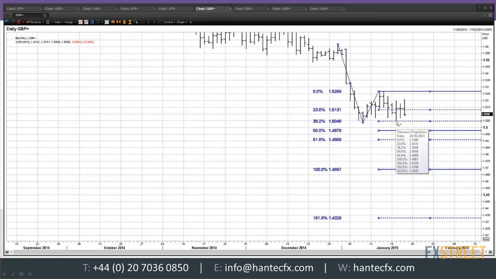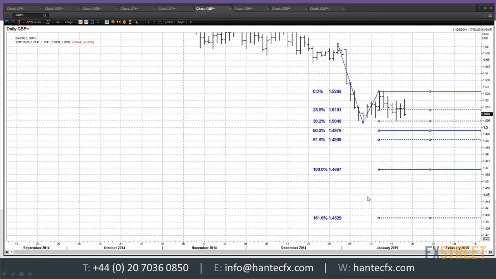Interesting that 38.2 has already been used as a basis of support, and the theory being once you break through a fib level, you should be going to the next fib level. So the next one is 49.80, and then 49, pretty much 49.10. 100% is 46.87.